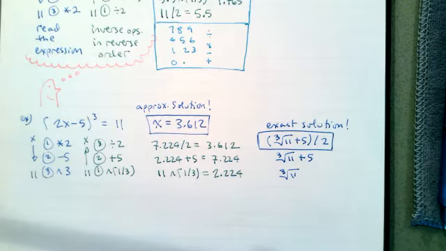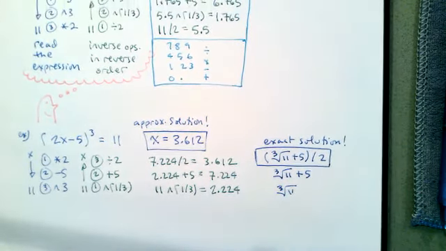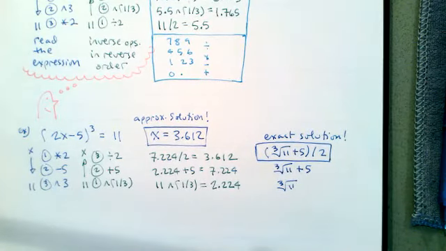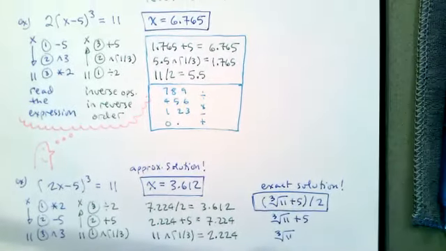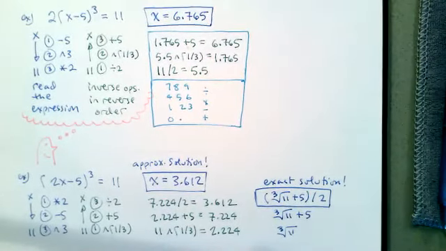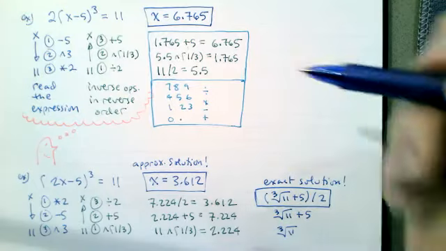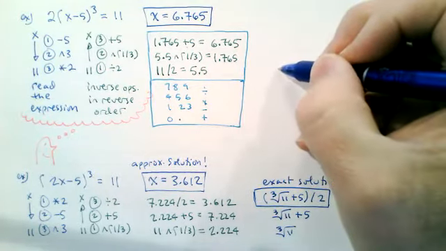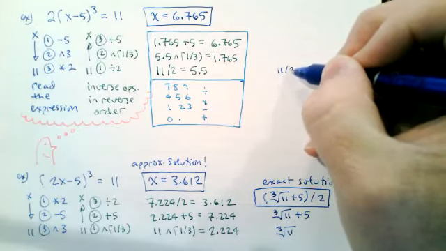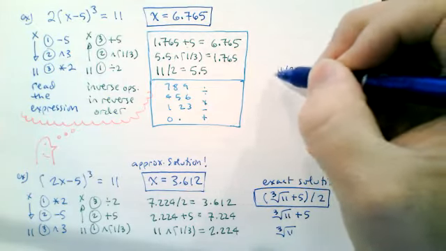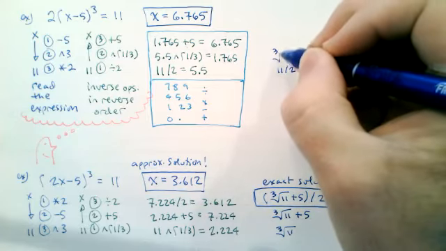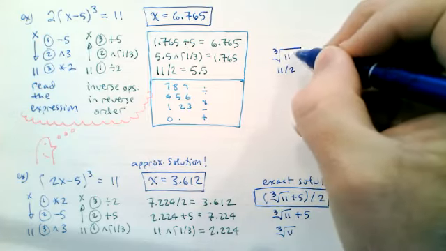So this is another fun thing to practice. Write down what the exact solution should be. This will help us understand the order of operations better. So if we think about the exact solution in the first example, if we take the 11 and divide that by 2, and then we want to raise this result to the 1/3 power, or take the cube root of the 11 divided by 2.